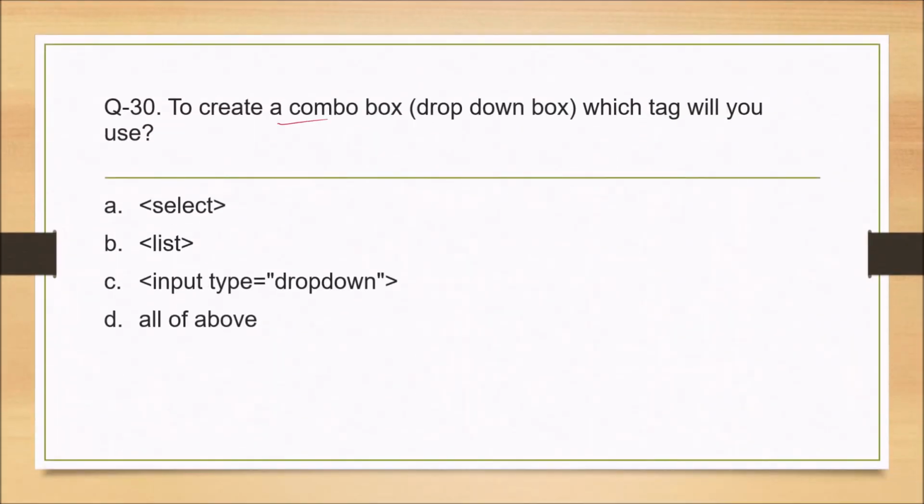To create a combo box, drop down box, which tag will you use? Select, list, input type equals drop down, or all of the above. And the correct option is select tag.